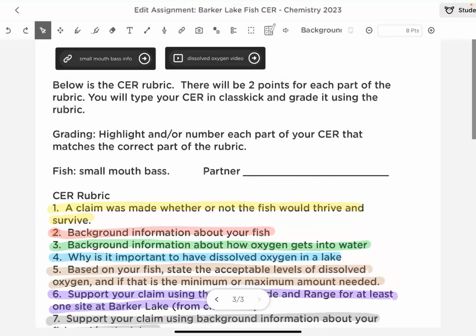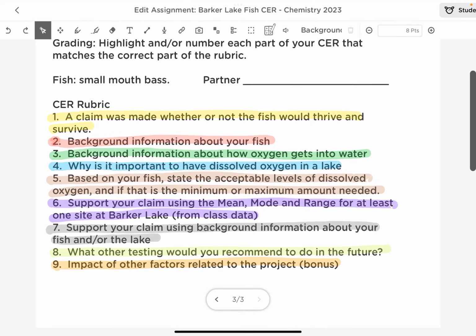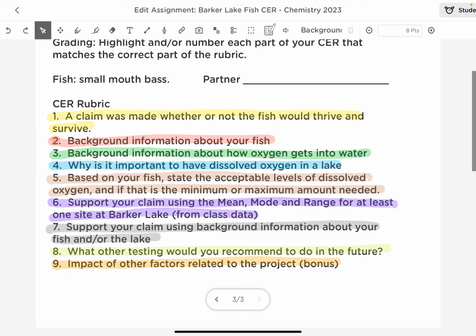All right. So first thing we want to do is we have everything numbered. Number one on our list is a claim about whether we think the fish would thrive and survive. Now, before you can really answer that, you have to do a little bit of background information like number two says. You want to find out, for instance, how big of a lake does your fish need?